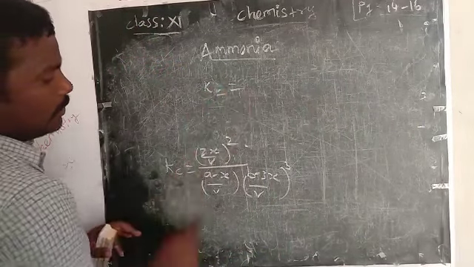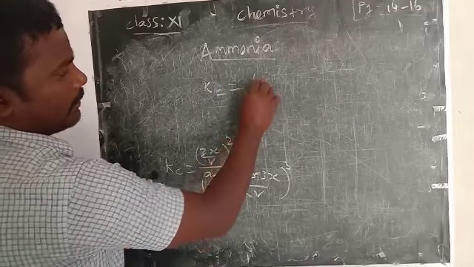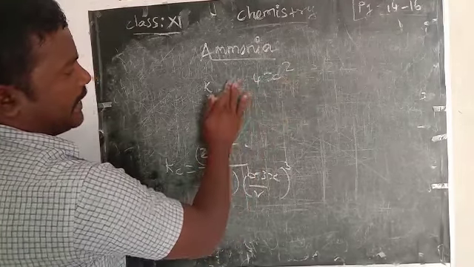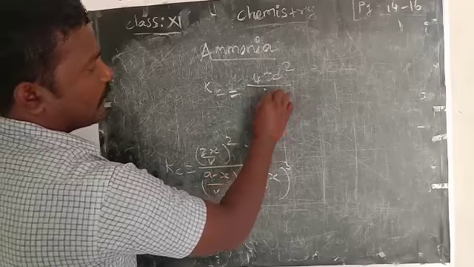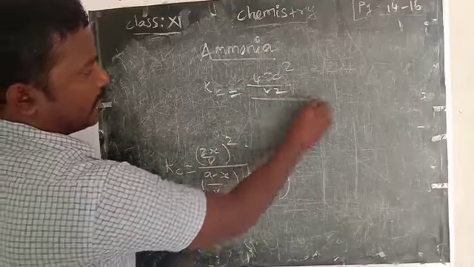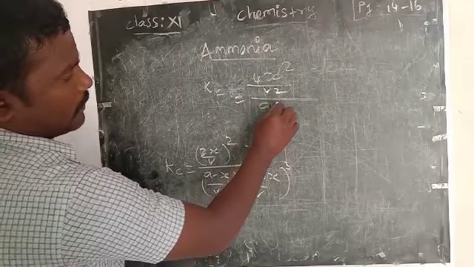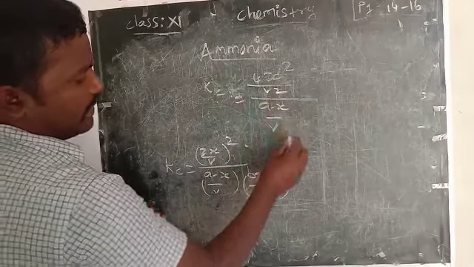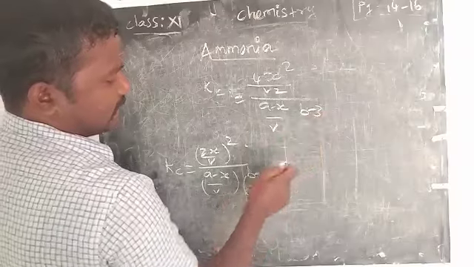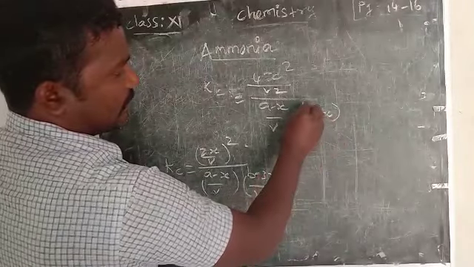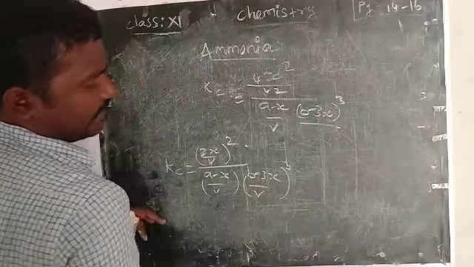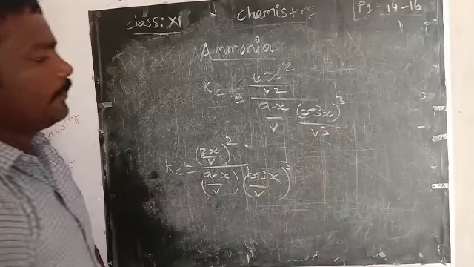Kc is equal to 2x squared becoming 4x squared, then V squared, divided by a minus x by V, b minus 3x whole power 3 divided by V cubed.